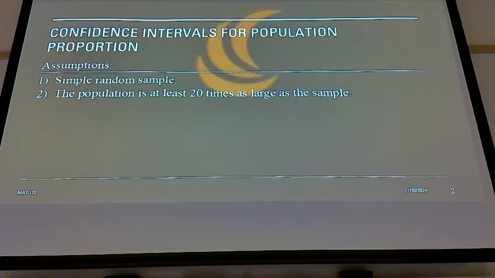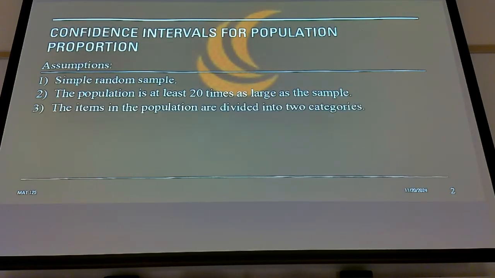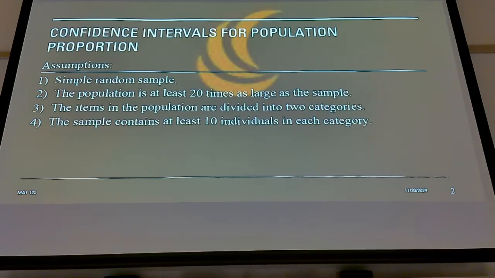The population is at least 20 times as large as the sample. The items in the population are divided into two categories. And the sample contains at least 10 individuals in each category.